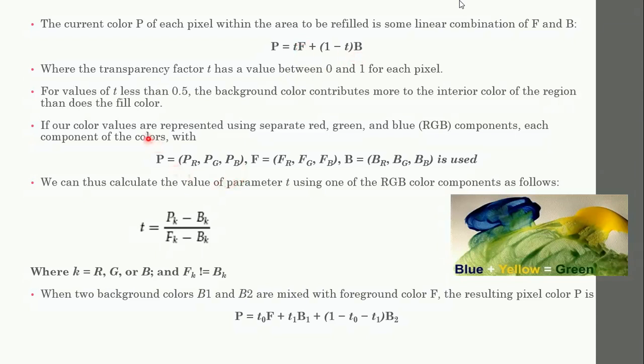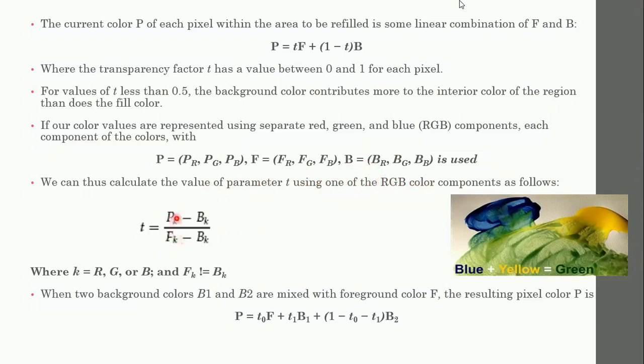Whereas here the pixel value P will depend upon three colors. So foreground color can be a combination of three colors, and the background color also can be a combination of RGB colors. Now let us see the transparency factor, that is the parameter T, mainly for the RGB color components.